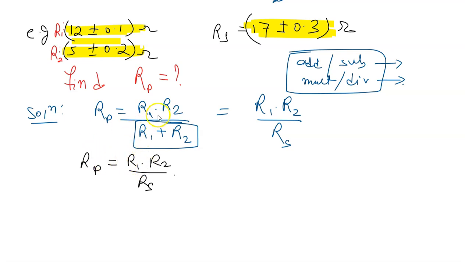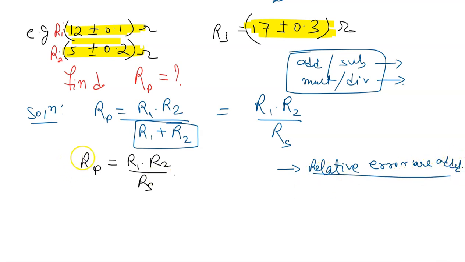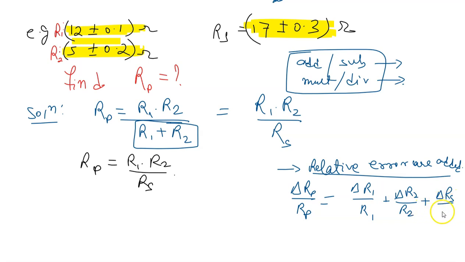So what we know, in case of division or multiplication, their relative errors are added up. Relative errors are added. So relative error in Rp, that is delta Rp by Rp, is equal to their relative errors added up. That is relative error in 1 plus relative error in 2 plus relative error in Rs.